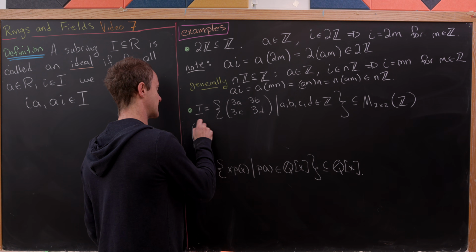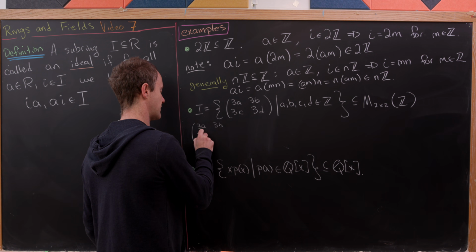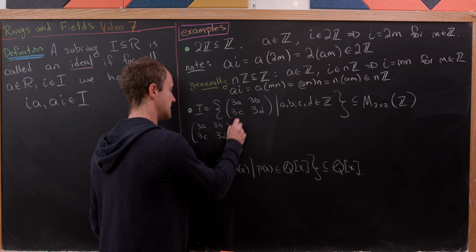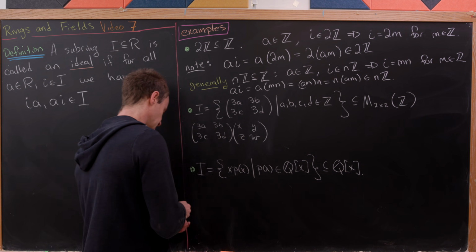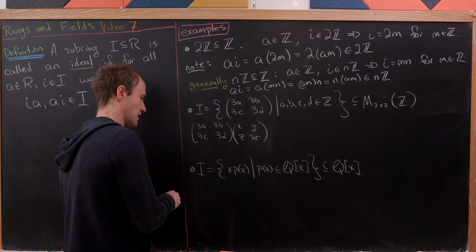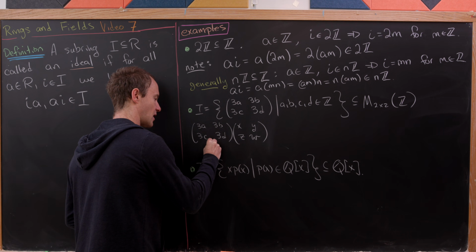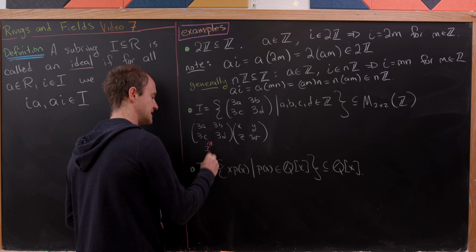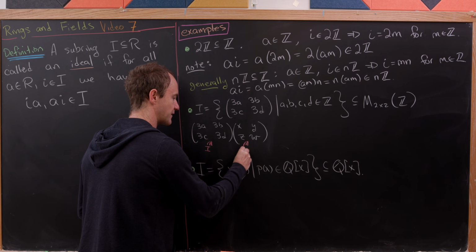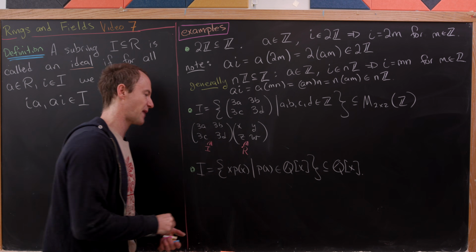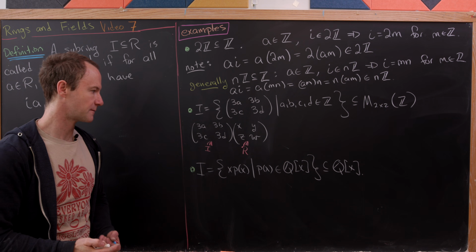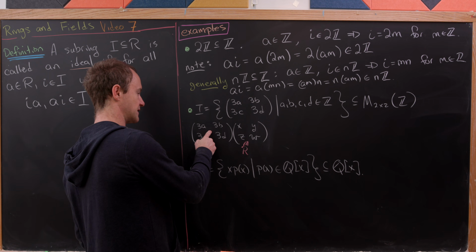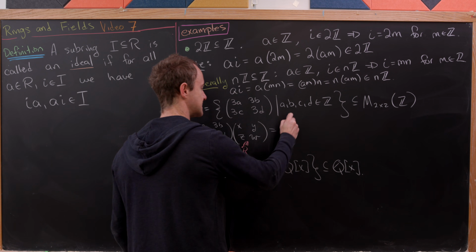Let's look at the matrix (3a, 3b; 3c, 3d) times the matrix (x, y; z, w). So just to be sure here, this matrix over here on the left is inside of our ideal I, and then this matrix over here on the right is inside of our parent ring, which we called M2x2(Z), but I'll just shorten that to R. But now let's take the product of something in I and something in R and see what we get.